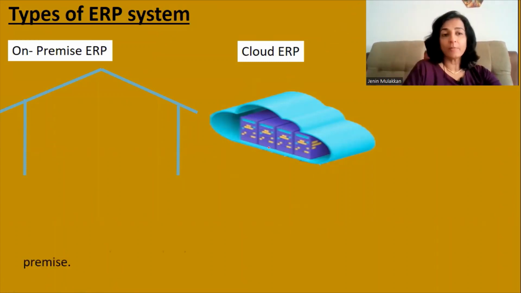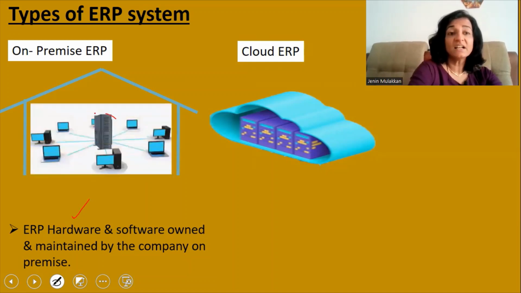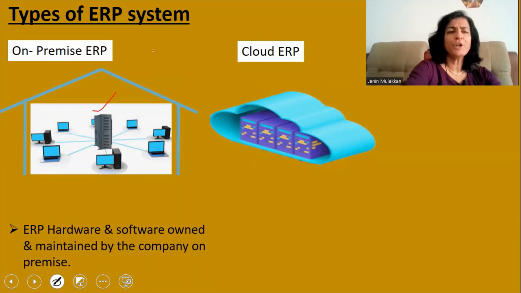In an on-premise ERP, the ERP hardware and software is owned and maintained by the company on-premise. The hardware that is mainly used are the servers and all the networks that are used for the functioning of the ERP. What do you mean by server?